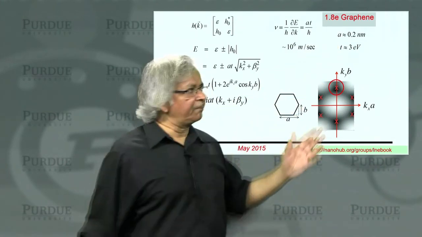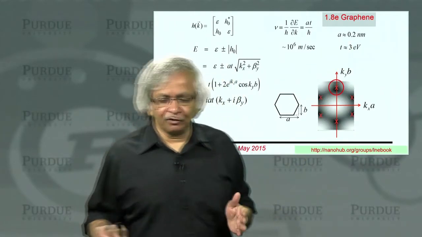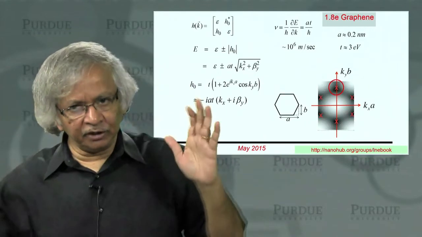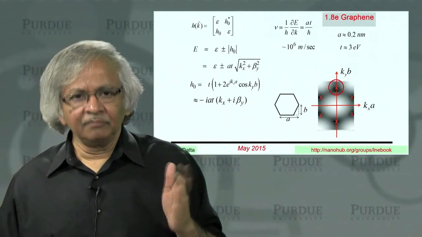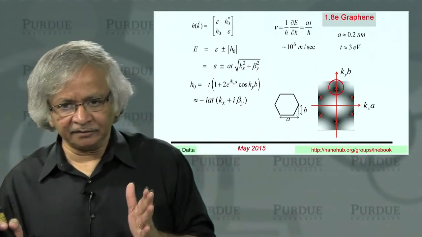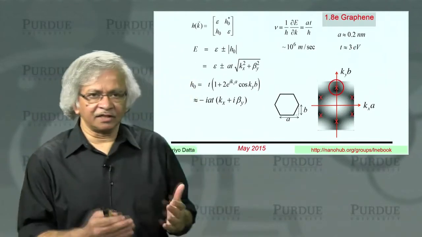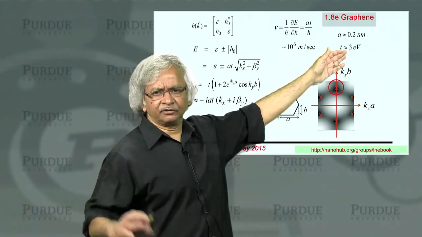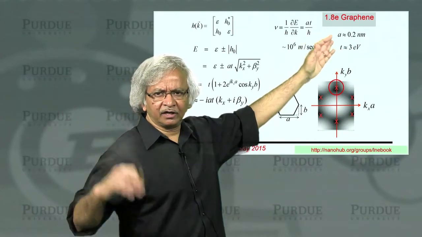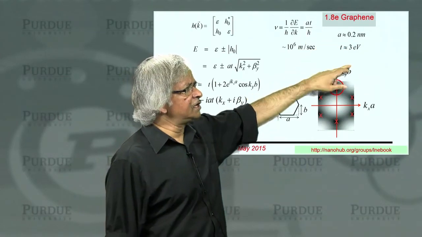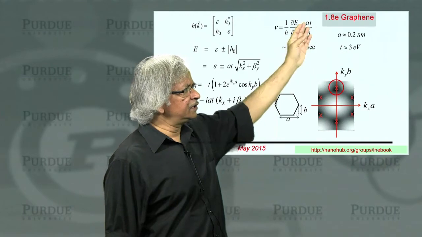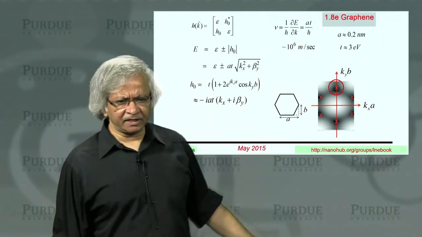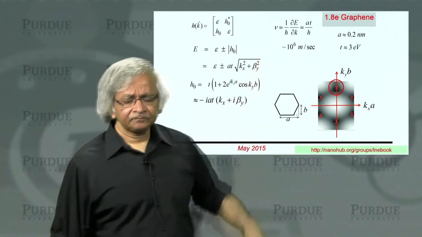And then there is this one parameter T, which of course, if you're doing first principles theory, you would have been calculating by doing various integrals. But for our purpose, it's a fitting parameter, right? It's something we adjust according to experiment. And in general, for graphene, people believe it's about 3 electron volts, somewhere 2.5 to 3 electron volts. So if you put in those numbers, you'll get a velocity of about 10 to the 6th meters per second, probably a little less than that.